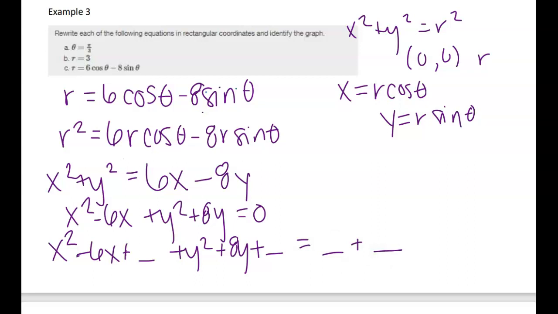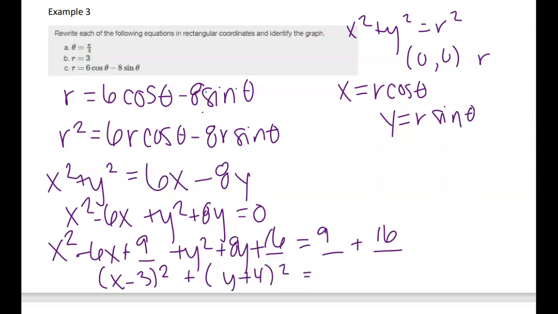So 6 divided by 2, 3, square that is 9. And I end up with x minus 3 squared here. Half of 8 squared is 16. And I end up with y plus 4 squared equals 25.